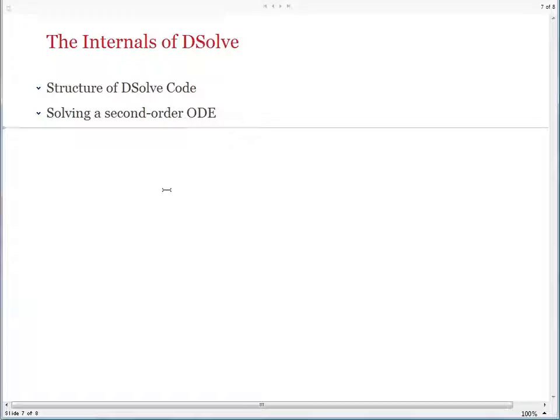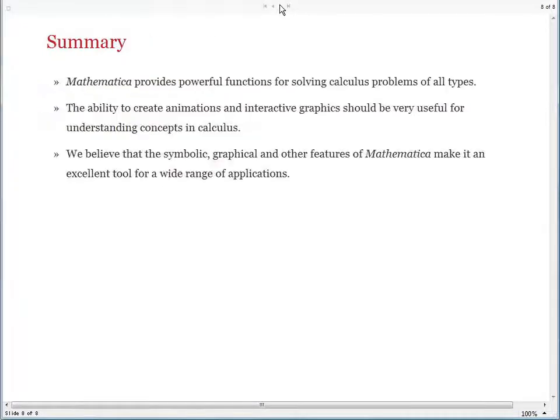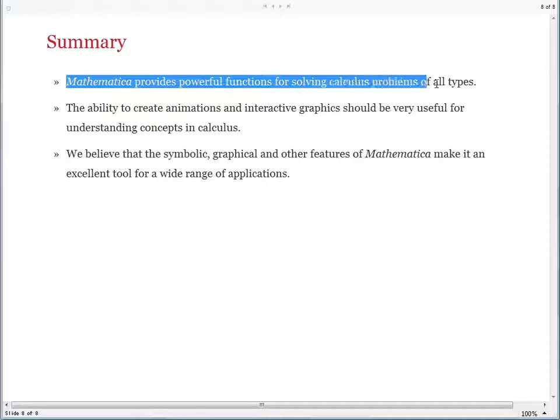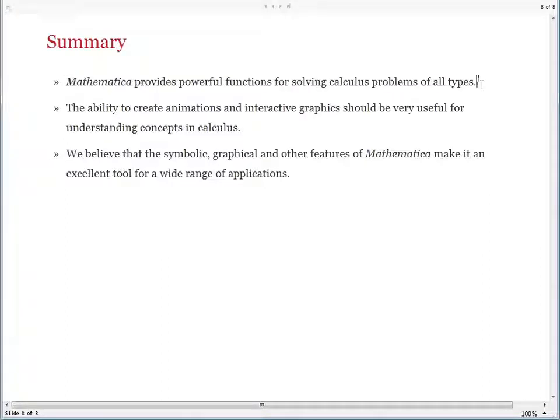Okay, so it's now time for me to conclude today's presentation with a brief summary of what we have seen today. So first, I hope you agree that Mathematica provides powerful functions for solving calculus problems of all types, whether it's DSolve or Integrate or other functions such as Sum or RSolve.